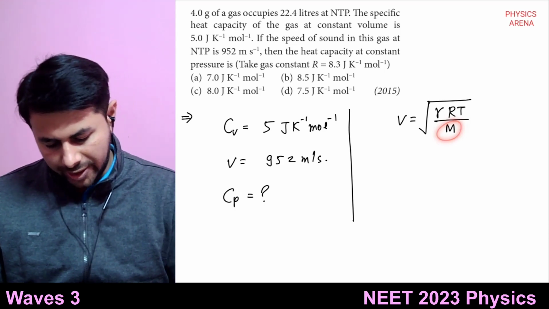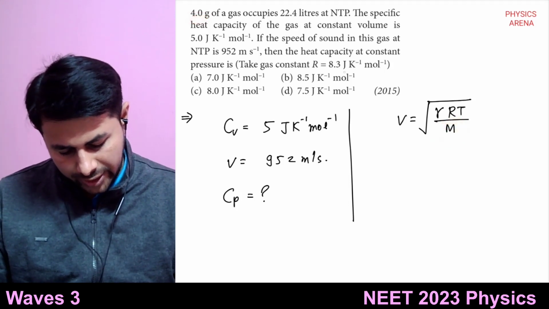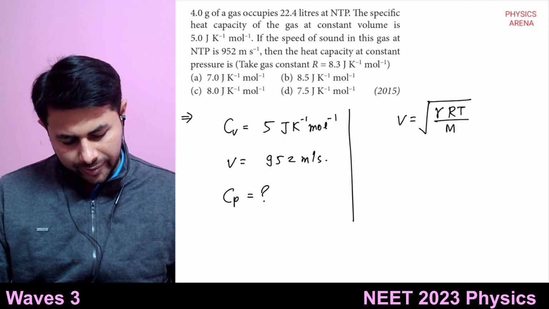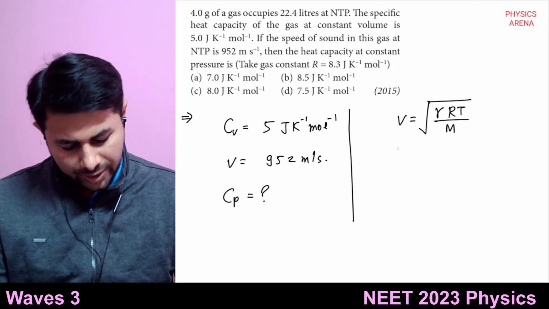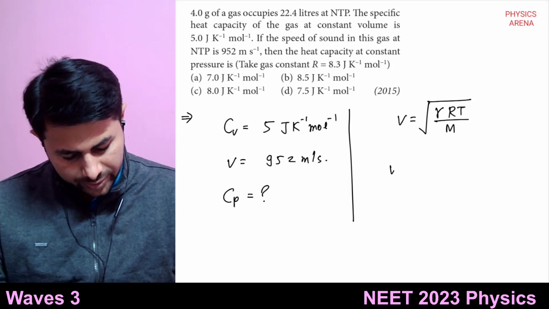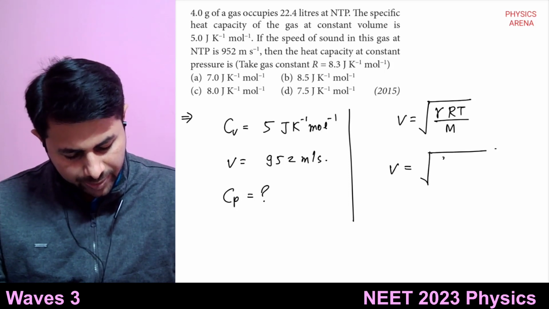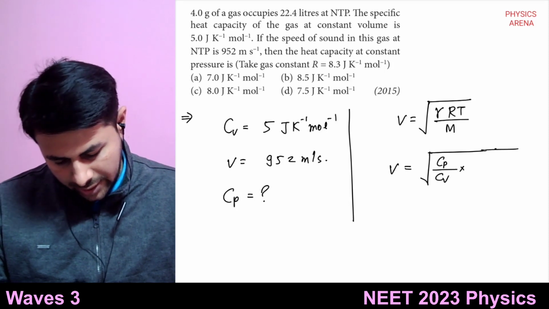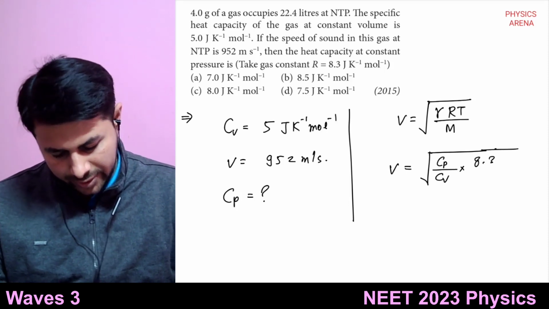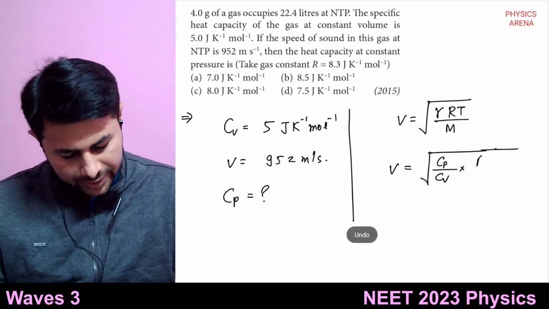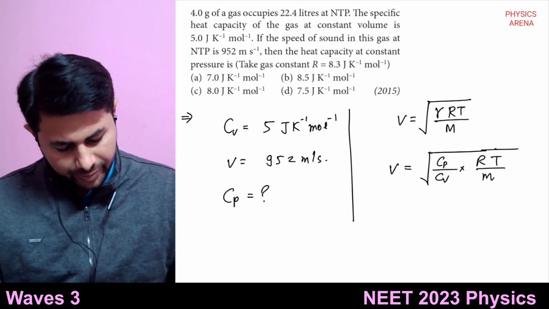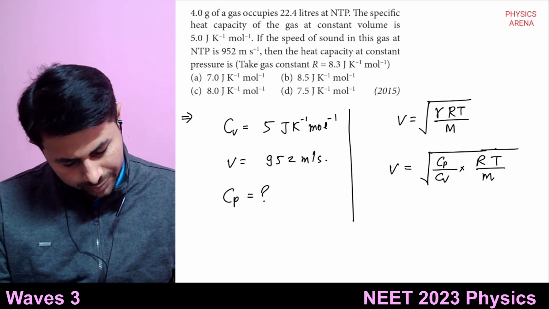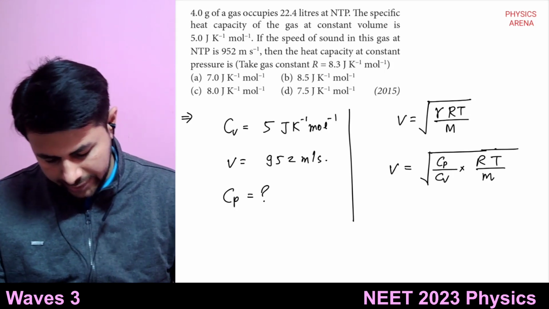This is the molar mass, given 4 grams. R is given 8.3, and gamma is equal to Cp by Cv. So V is also given. So V equals Cp upon Cv multiplied by RT divided by M, like this only. And then let's calculate this.